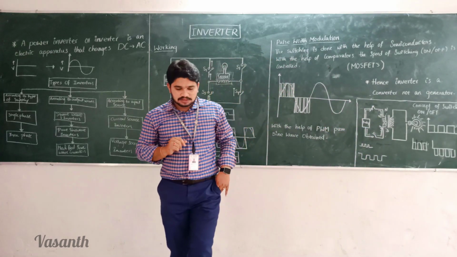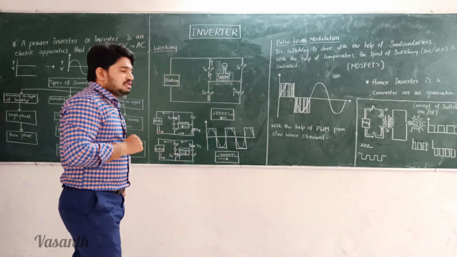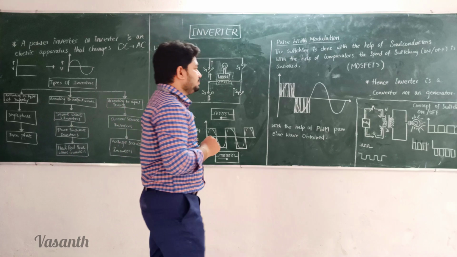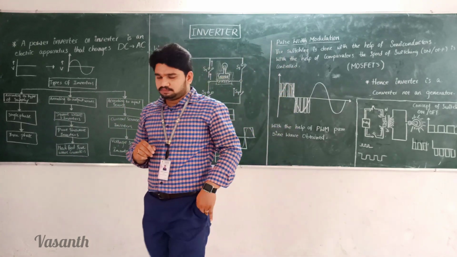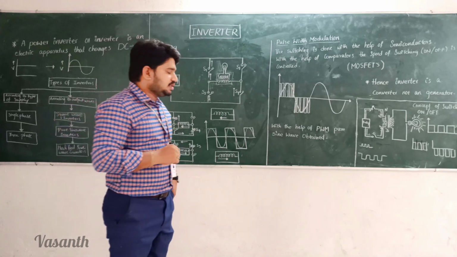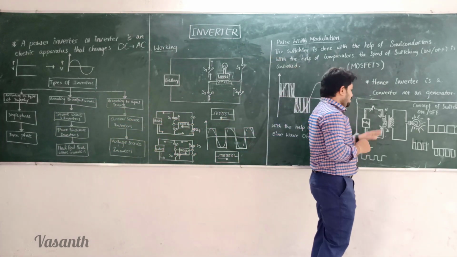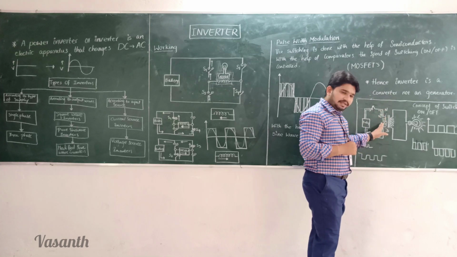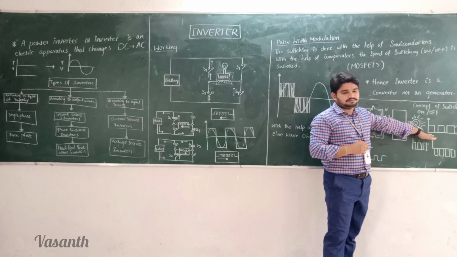What happens? The flow of electrons will take place, right? And there is a field generated in the coil. So the field created by this battery will be in the form of this wave.